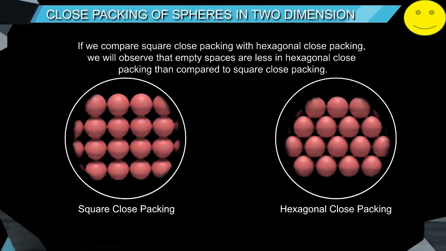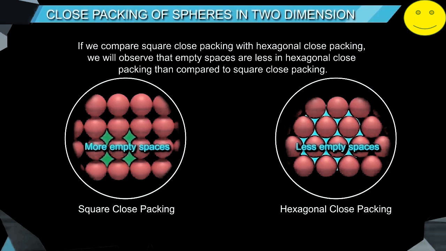If we compare square close packing with hexagonal close packing, we will observe that empty spaces are less in hexagonal close packing than in square close packing. Now, what are these empty spaces and what role do they play in packing efficiency?